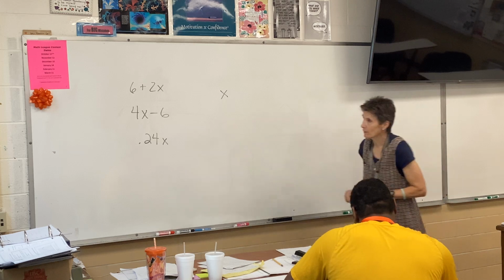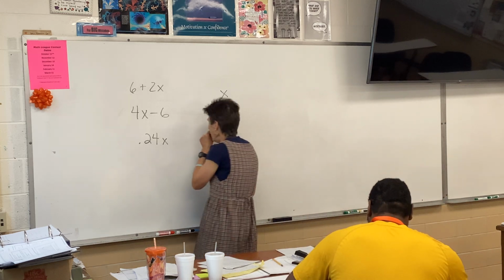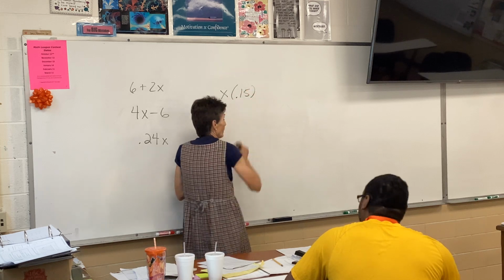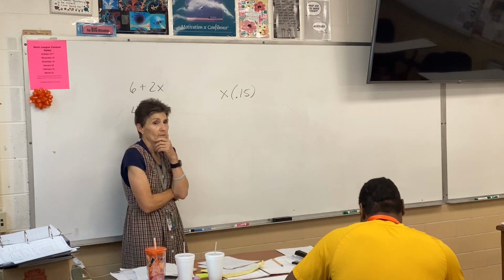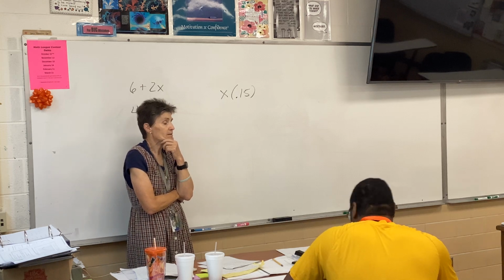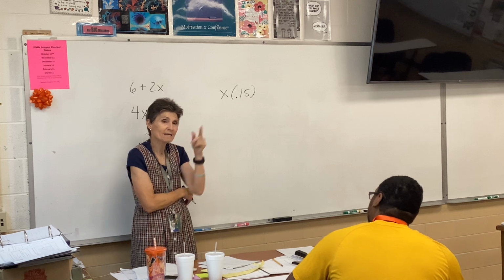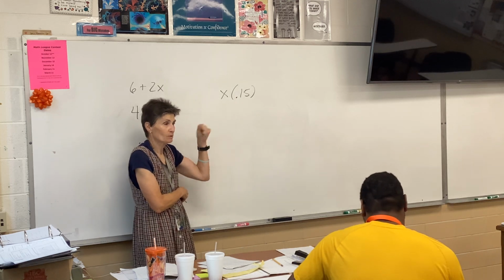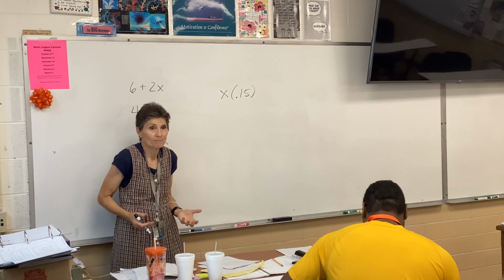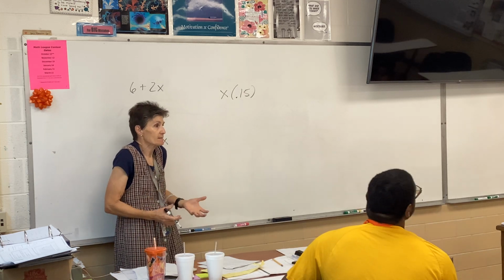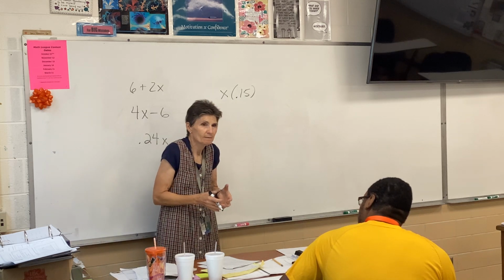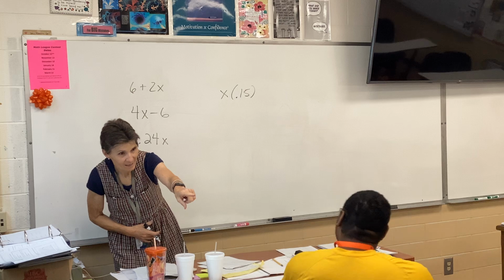How many of you are thinking right now that you're going to take that x and multiply it by 0.15, 15% of the cost? That isn't the best way to do the problem. Let's say I want to buy this jumper and it costs $6. If I multiply 6 times 0.15, what does that tell me? How much I get off, how much I don't pay, right?